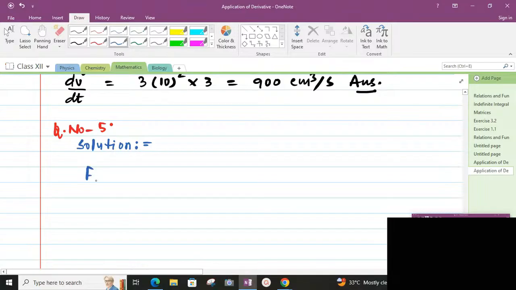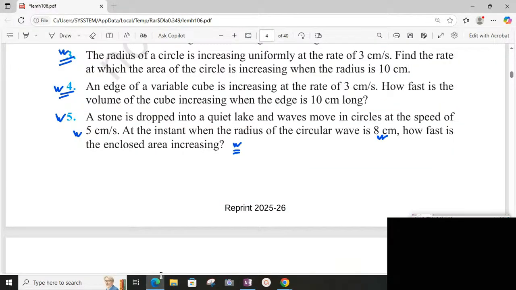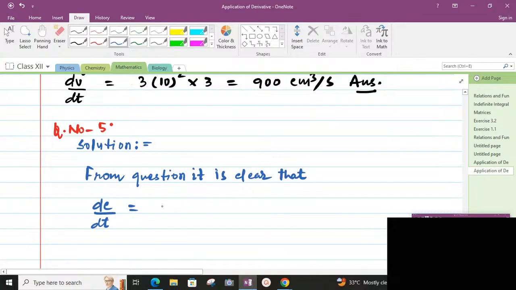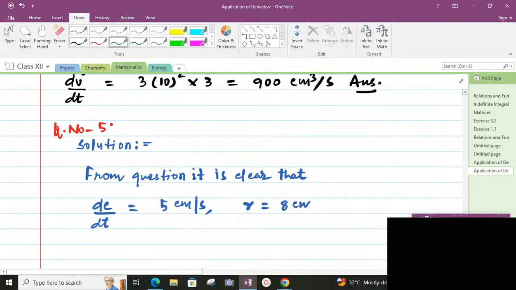From the question it is clear that dC by dt equal to 5 centimeter per second, and r equal to 8 centimeter, and it asks us dA by dt equal to what?